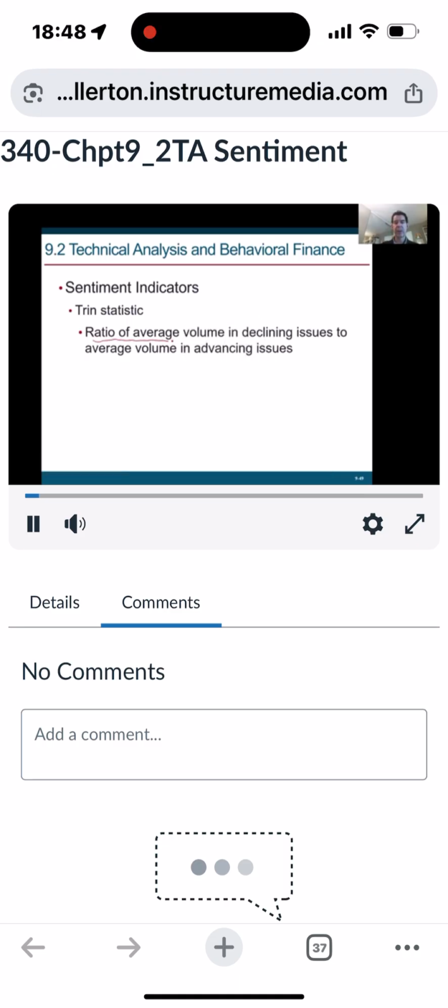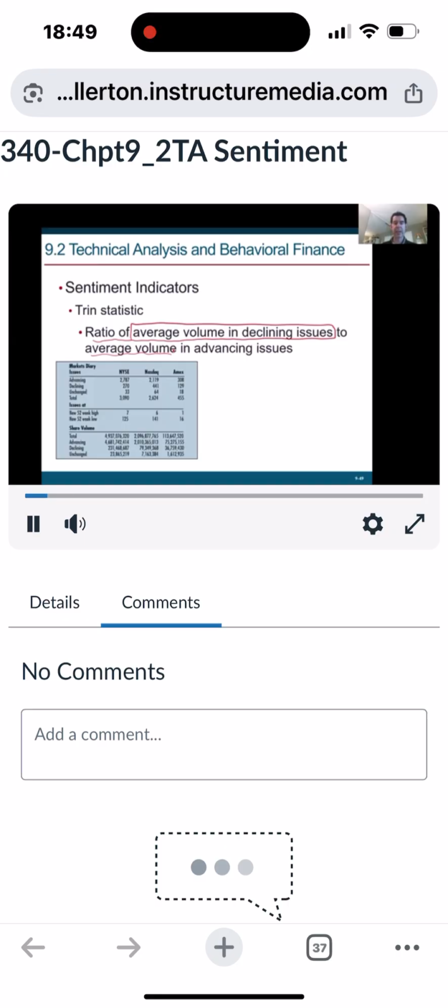It's the ratio of average volume in declining stocks. Let's remember what volume is. Volume is the number of shares that trade hands, basically the number of trades that go on. But the number of shares that trade hands in declining issues, what is that? Declining stocks that are going down. And you take that ratio to the average volume in advancing stocks that are going up. So it's the ratio in volume, how many shares traded hands in the stocks that were going down versus up.